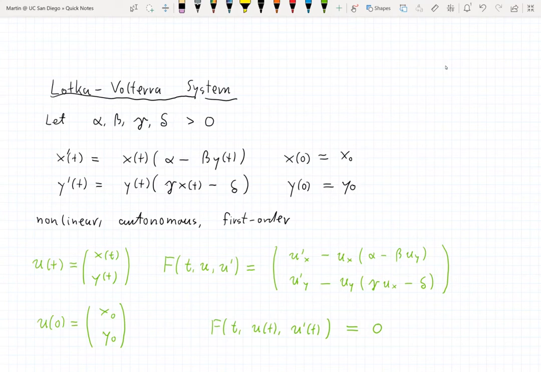So the function f takes the time variable, the vector u and the vector u prime, and maps this to another vector.